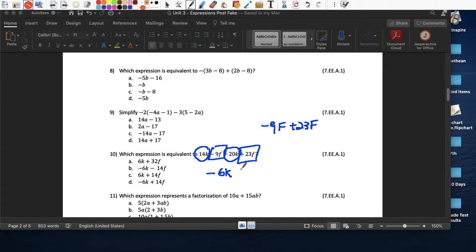So that's going to give me positive 14f. So do I have a -6k plus 14f? Yes, letter D. So as you can see, the test is not that difficult.